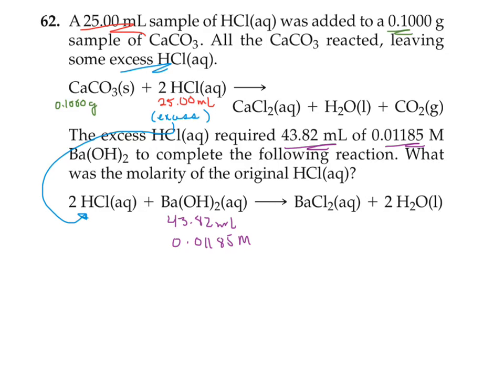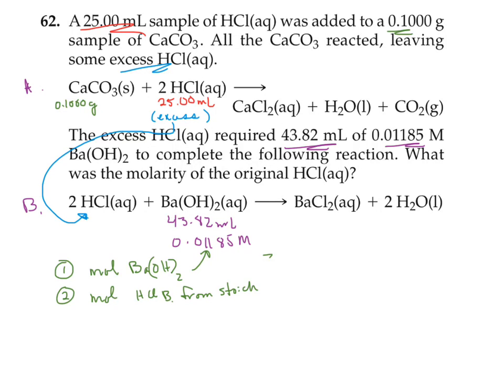What we do know is enough information about the barium hydroxide to get moles. We have volume and molarity. So here's how this looks. Your question is, how concentrated is that HCl solution that you're using? I would start here to get the moles of barium hydroxide, and then use stoichiometry to get the moles of HCl. And then once you have those, I would set that aside. I would use the mass of calcium hydroxide and its molar mass to get to moles.